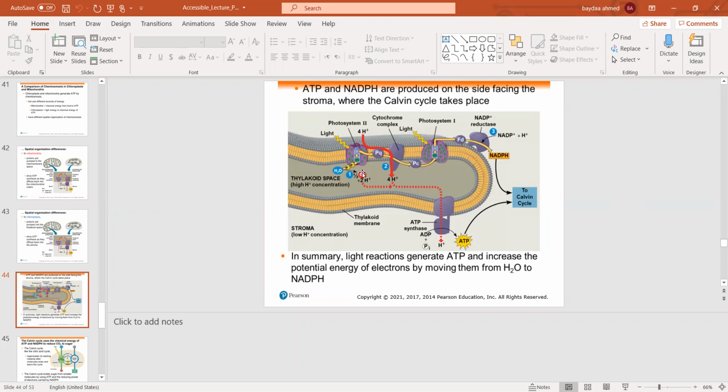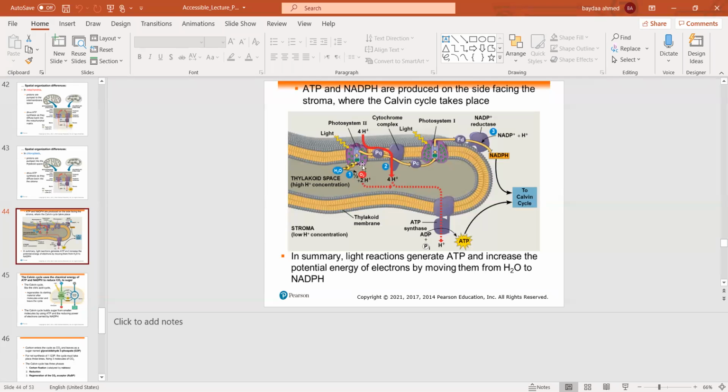In the thylakoid space, water is split into two electrons, which replace chlorophyll's electrons, two hydrogen ions, which contribute to the high concentration in the thylakoid space, and oxygen atoms, which join another oxygen, forming oxygen gas.